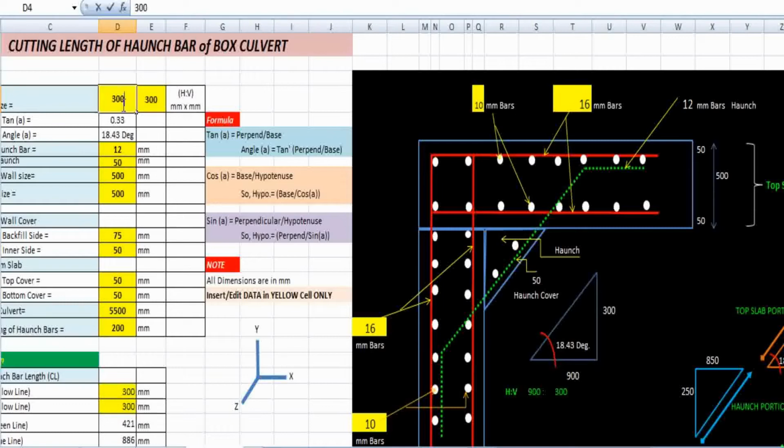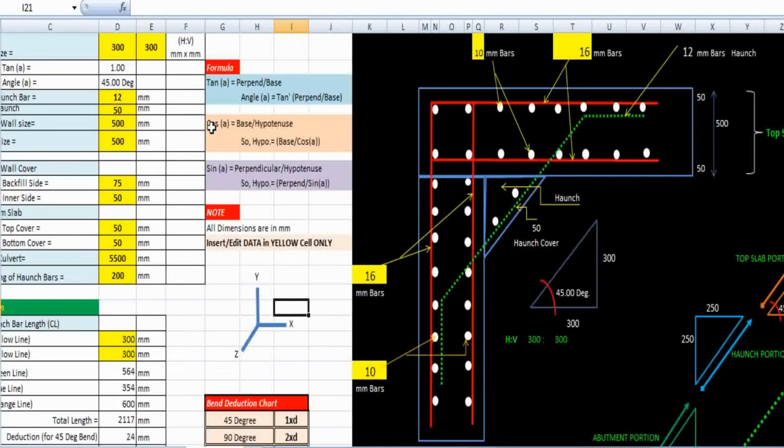So by the way, let's see. Here tan theta equals perpendicular by base. That means this opposite side to the base. Okay, and from here we can get the angle A. So angle A equals tan inverse perpendicular by base. Okay, next formula we have to see cos theta or cos A. So cos theta equals base by hypotenuse.